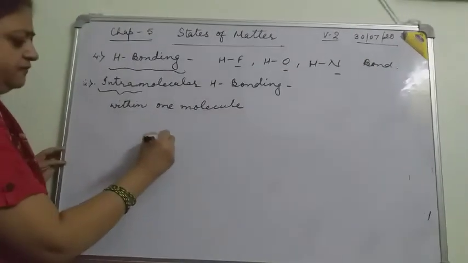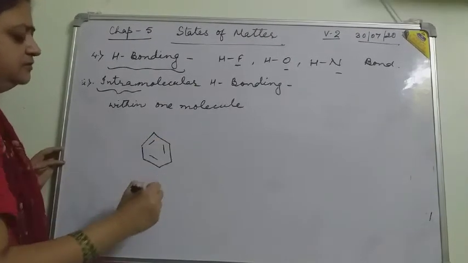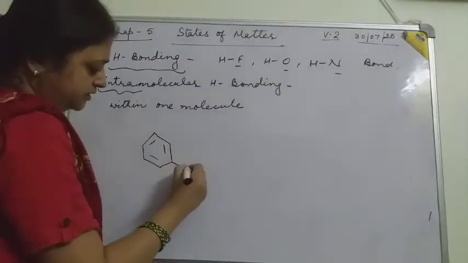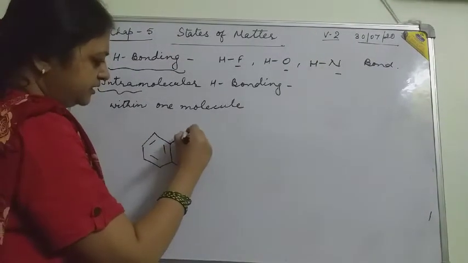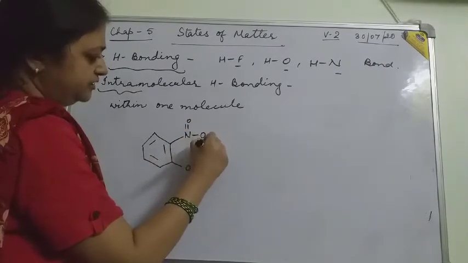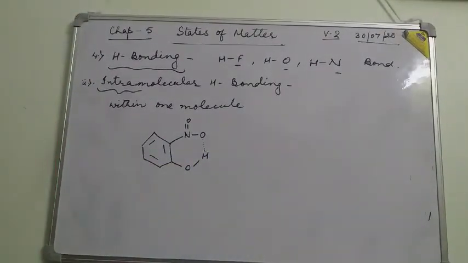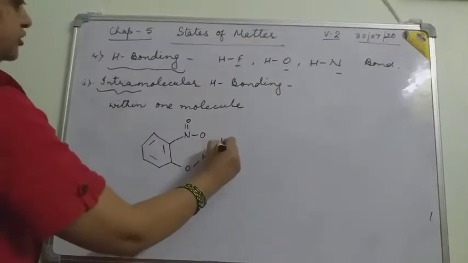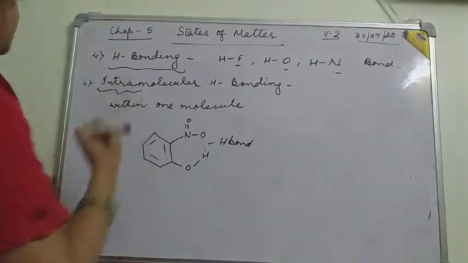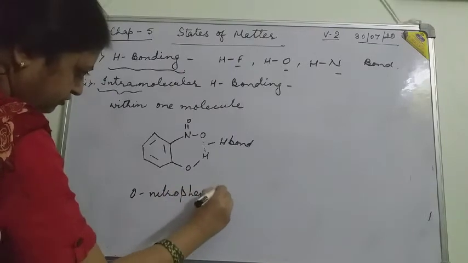For example, ortho nitrophenol: here is OH, here is NO2, and O is present. The bond between these two is hydrogen bonding. This is called ortho nitrophenol, given in your NCERT book.